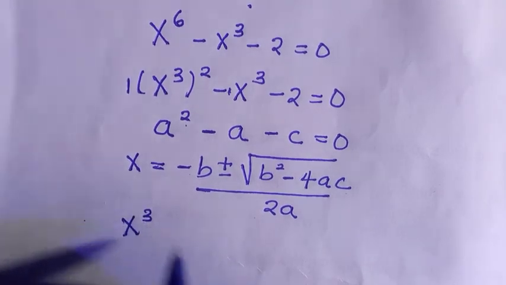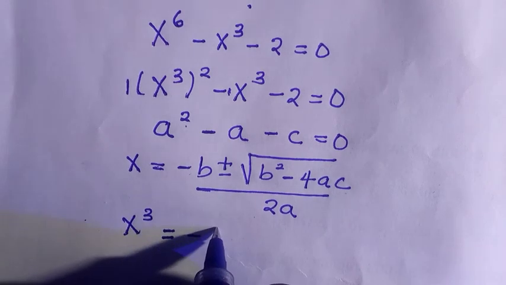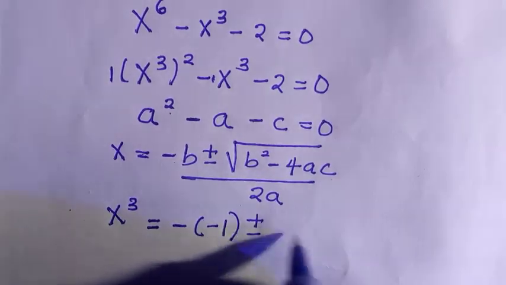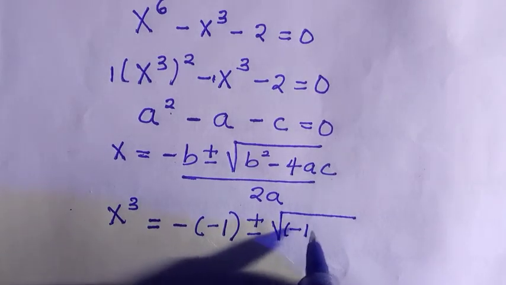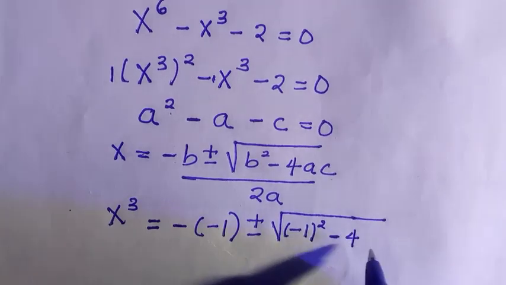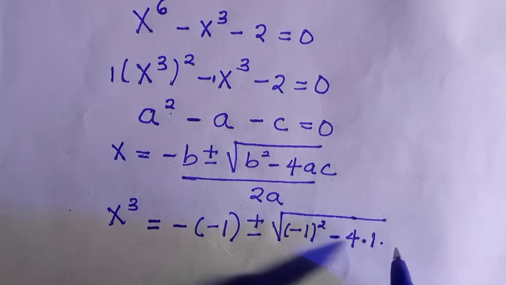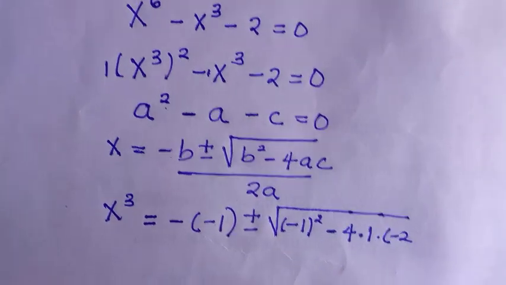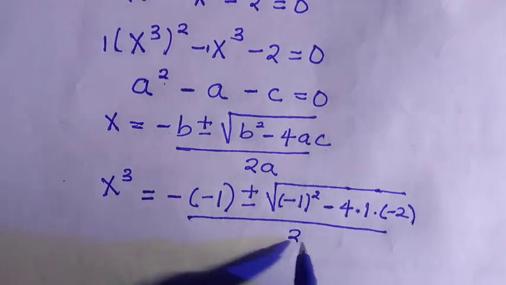So we have x raised to power 3 equals minus 1 as the value of b, plus or minus the root of b, which is negative 1, all raised to power 2, minus 4 times a, which is 1, times c, which is negative 2, and we bracket this, everything divided by 2.